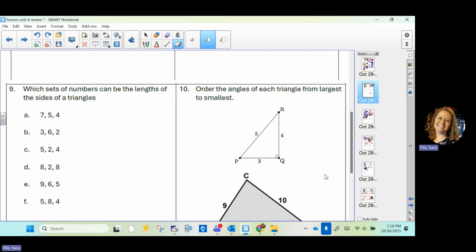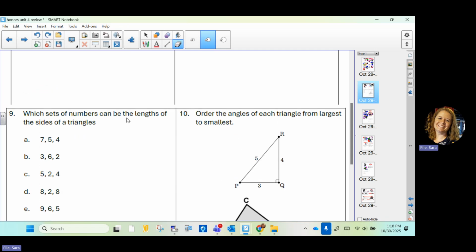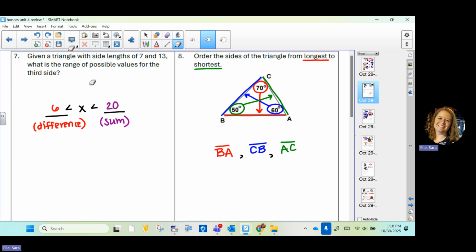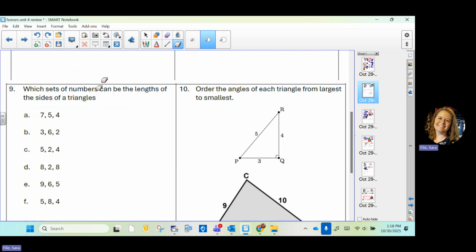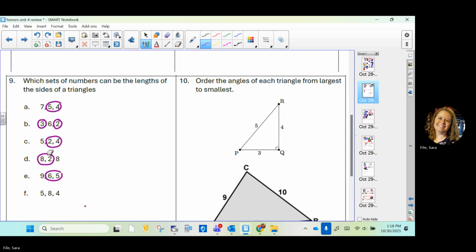So number 9 is a similar question. It's asking which of these can form a triangle. This is kind of like number 7. It's triangle inequality. But this time they give you all 3 sides. So what I did in our notes, and what I like to do, is circle the 2 smallest sides, because it's the 2 smallest sides that have to add up to be greater than the third.